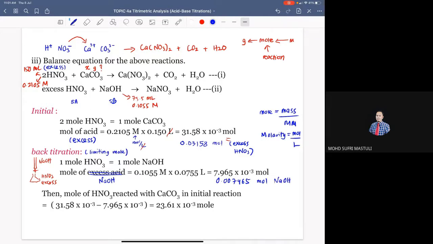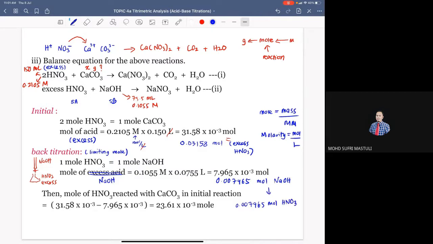Now we know the relationship between mole of nitric acid and mole of sodium hydroxide in the back titration is 1 to 1. So this mole is similar: 0.007965 mole of nitric acid.